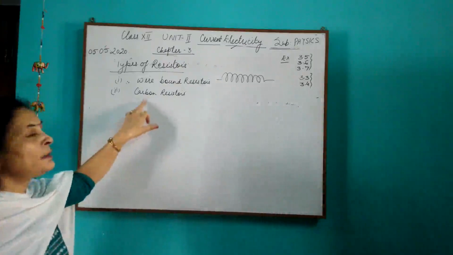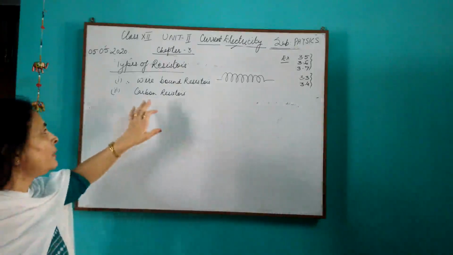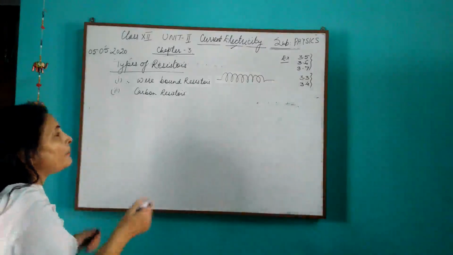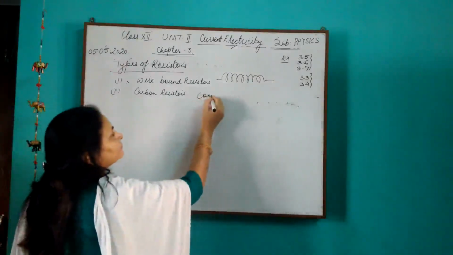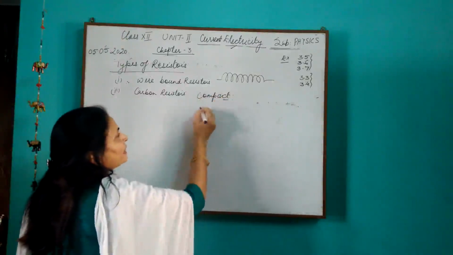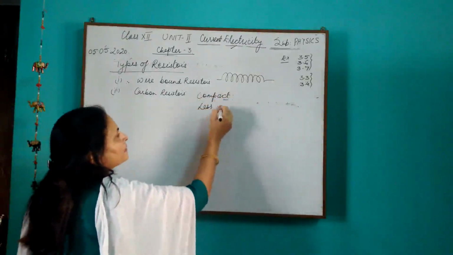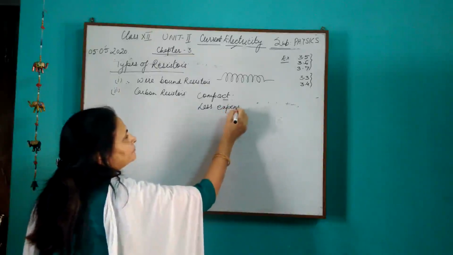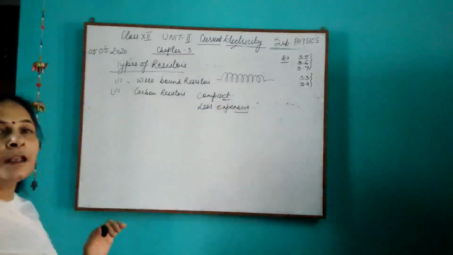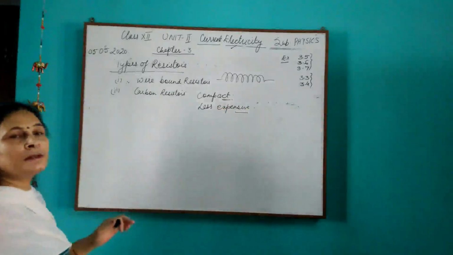In that case we use carbon resistors. And one more advantage of using carbon resistors is they are very compact, very small in size and less expensive.